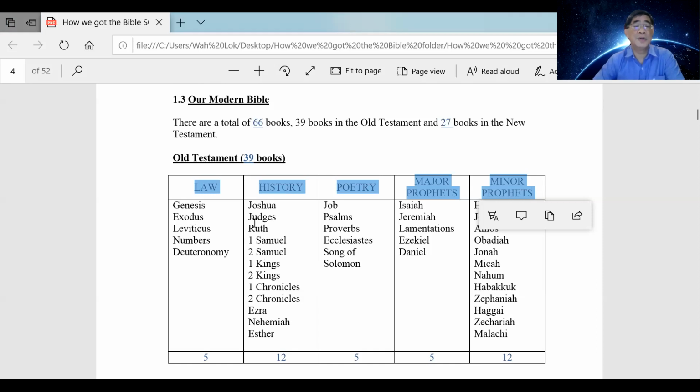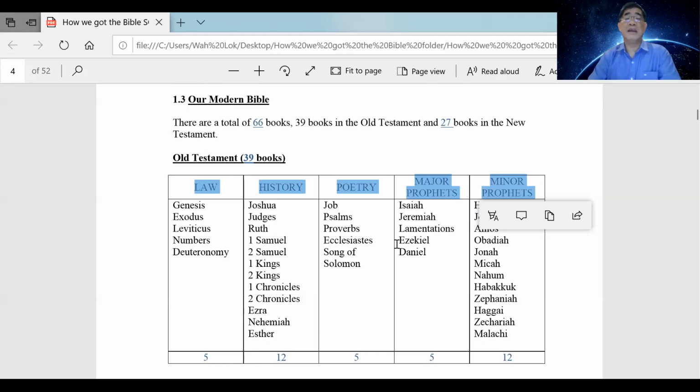Okay, history books: Joshua, Judges, Ruth, 1 Samuel, 2 Samuel, 1 Kings, 2 Kings, 1 Chronicles, 2 Chronicles, Ezra, Nehemiah, Esther. So we have 5 books of the law and 12 books of history. Then section 3, poetry, we have 5 books: Job, Psalms, Proverbs, Ecclesiastes, Song of Solomon.